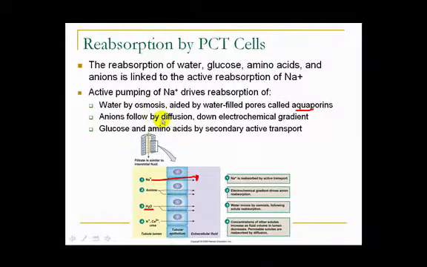Anions are also going to follow by diffusion down their electrochemical gradient, because sodium's a positive ion, so the negative ions, your anions like chloride, will just follow it. And then glucose and amino acids move by secondary active transport. Now remember, secondary active transport relies on primary active transport, which is your pumping of sodium.